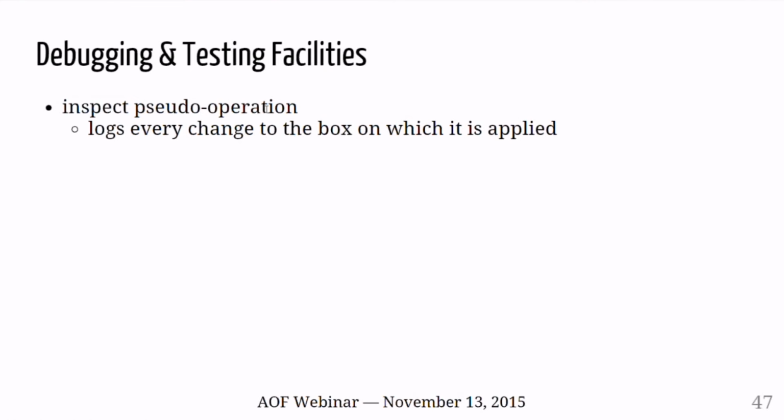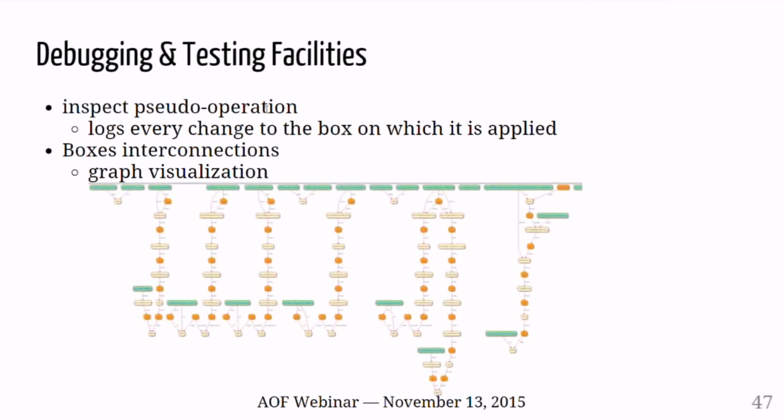So there are also other possibilities for debugging. I will show now that once you have built the whole data flow, which is basically an interconnection of operation boxes, you get complex stuff in memory, and it's useful to be able to visualize it.